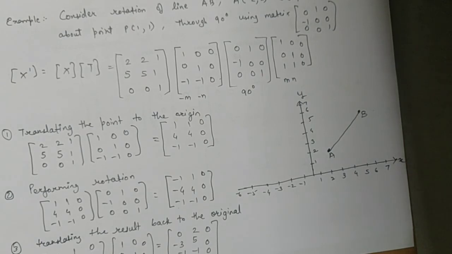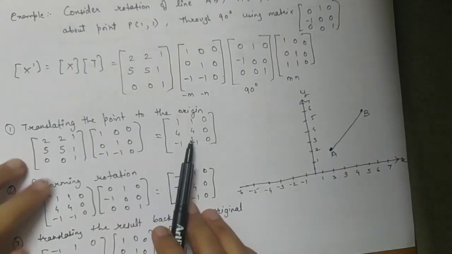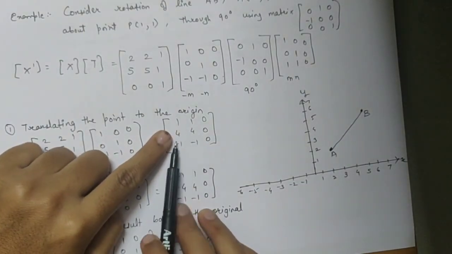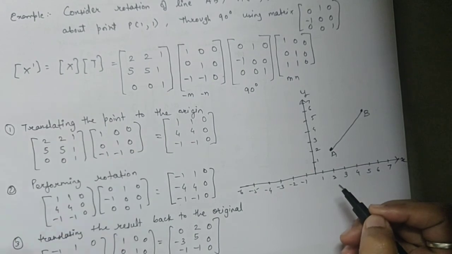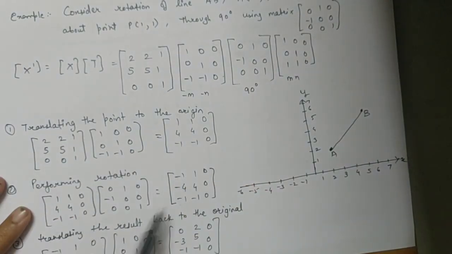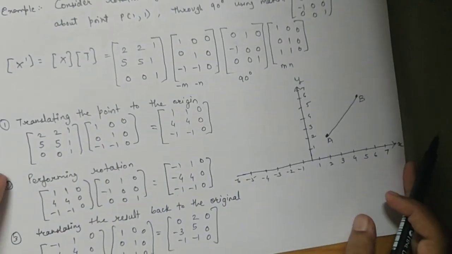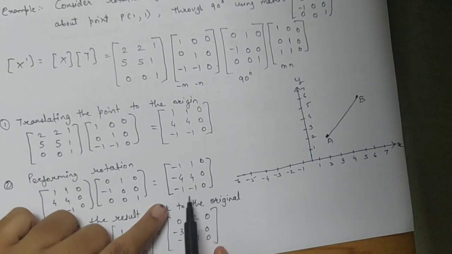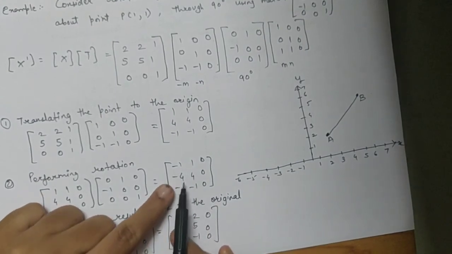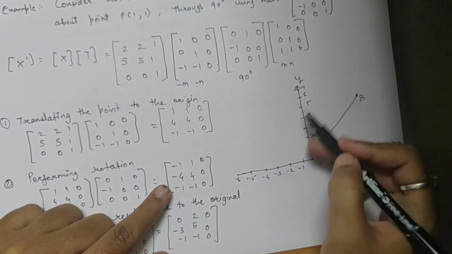Now let's see the line after translating the point. After translation I have these coordinates: (1,1) and (4,4). After rotation I have these points: (minus 1, 1) and (minus 4, 4).